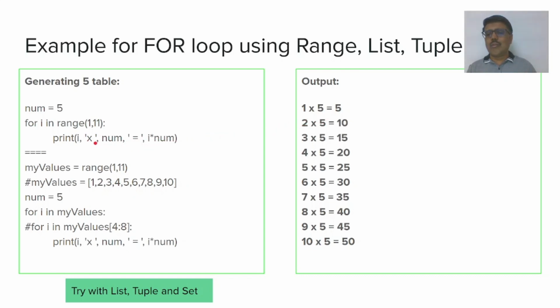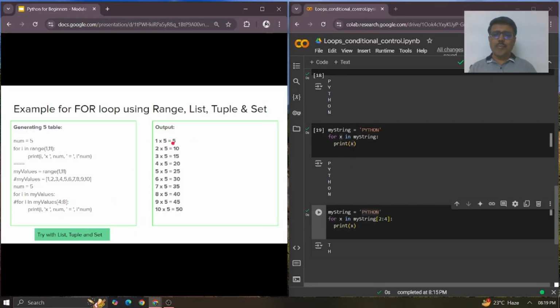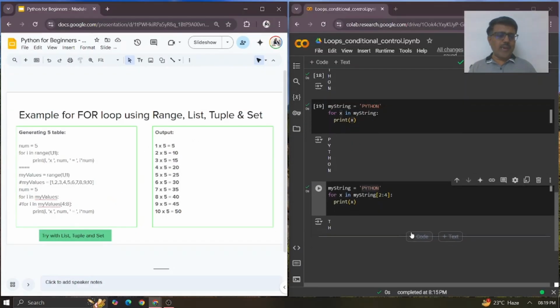You can see all these are separated by commas. That means you are concatenating all the strings. Up to this all are strings, and equal to is also a string here, and then you are calculating the value, multiplied by this one, what you are showing here. That's what you are doing simply. Is that clear? Let's take this example and then you'll be able to understand more in detail.